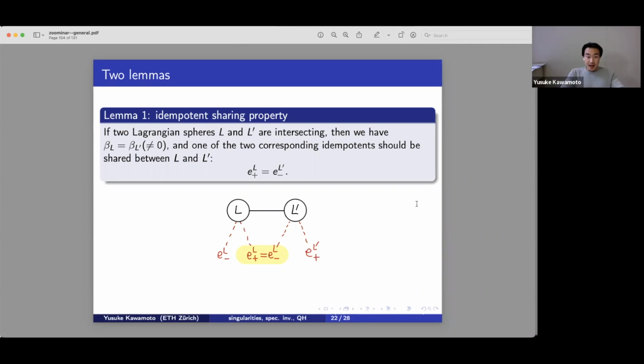And the claim is that if the Lagrangians are intersecting, then one of the two idempotents has to be shared. I drew a figure that basically explains the situation. You get two from each one of them, but if you have a connection between the Lagrangians, then one of the two has to be shared, the yellow ones in the figure. This lemma I'm going to call the idempotent sharing property.